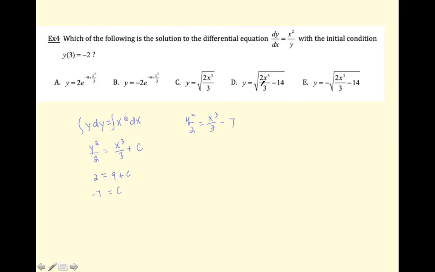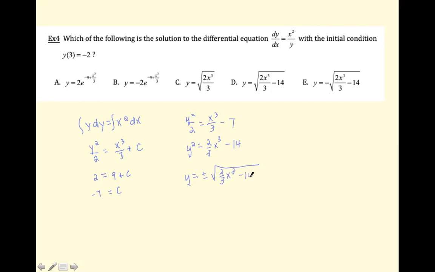So it looks like I need to solve for y. I'm going to multiply through by 2 so I can get the y squared by itself. So that's going to give me 2/3 x cubed, and again, 2 times 7, 14. We still have a constant there. And now again, we take the square root of both sides. So y is equal to plus or minus the square root of 2/3 x cubed minus 14.